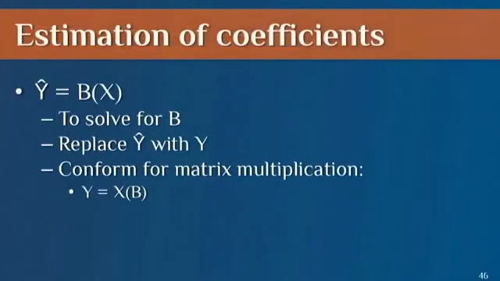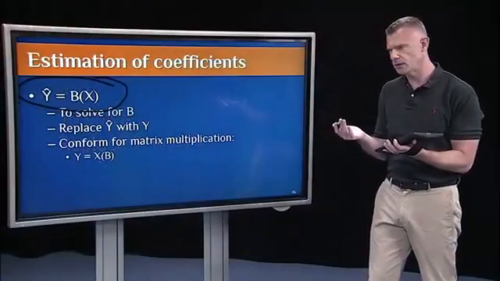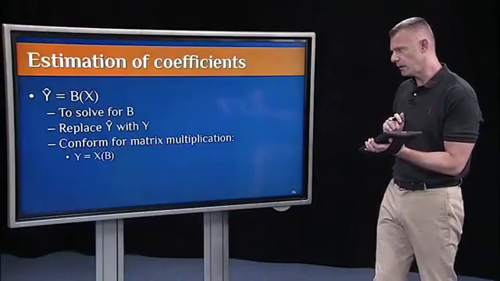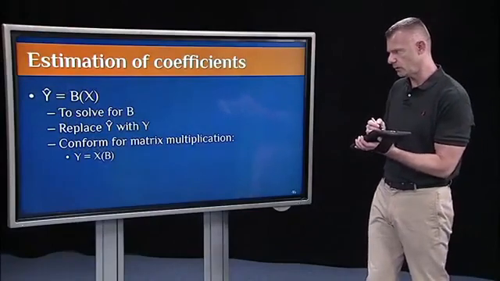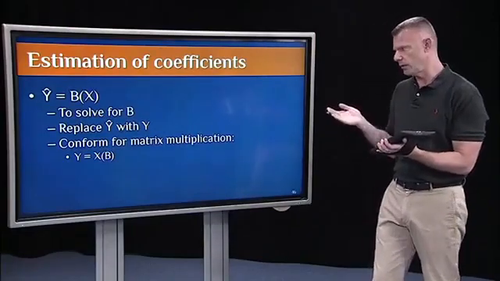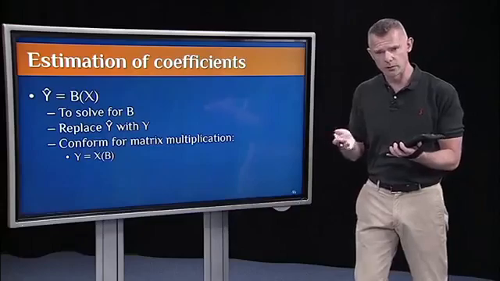So here is the formula. What we want to do is solve for b. That's not that hard, we just have to apply some basic algebra. To solve for b, first I replace the predicted scores with the observed scores, because we don't know the predicted scores.